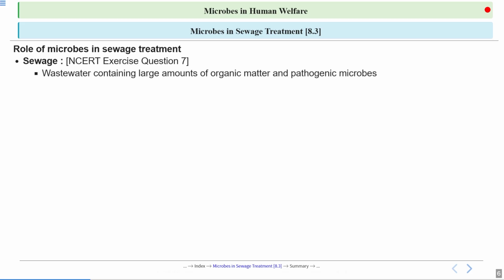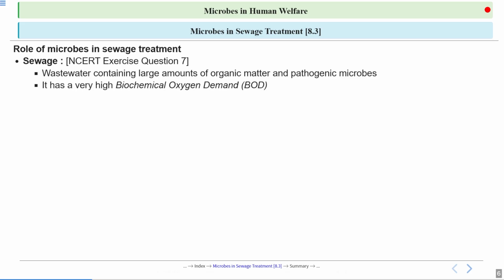So what is sewage? Sewage is essentially wastewater that contains a lot of organic matter and harmful microorganisms. These harmful microorganisms can cause disease, so they are pathogenic. This makes it a potential health hazard if not treated properly.